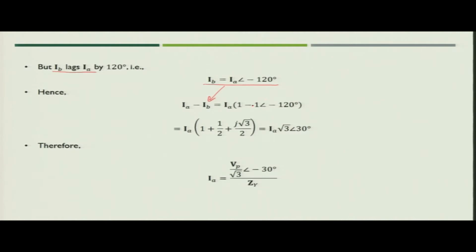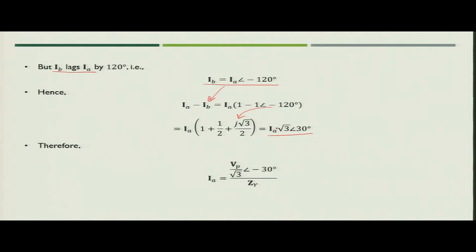Changing the phasor into rectangular coordinates, the term in the brackets is 1 plus 1 by 2 plus j times root 3 by 2, multiplied by IA. Taking root 3 out of the bracket, we get IA into root 3, and in the bracket root 3 by 2 plus j times 1 by 2, which is simply angle 30 degree. So, IA minus IB is nothing but IA root 3 angle 30 degree.